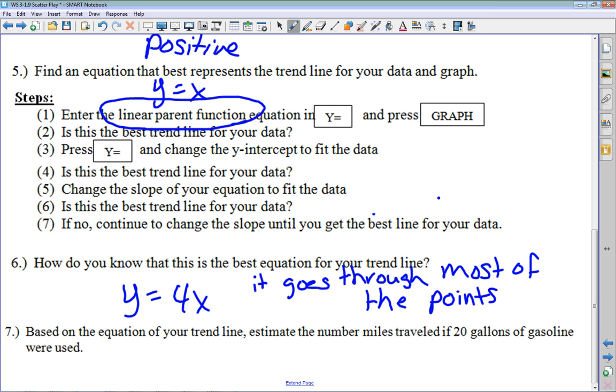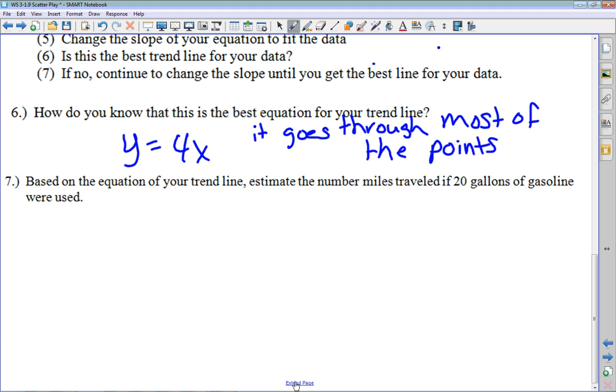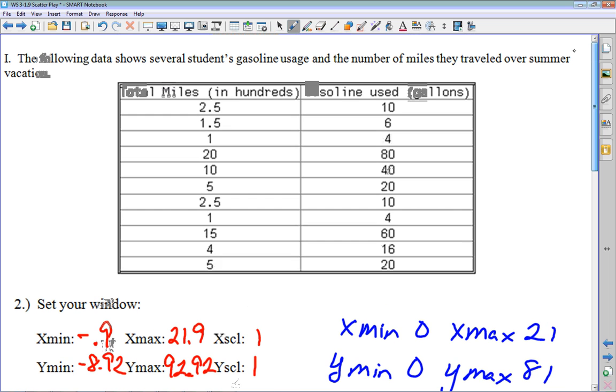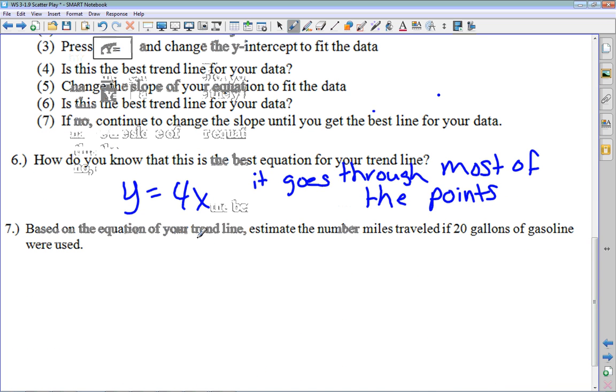Now, the reason why we do this, they gave us this data, and this is an average, a prediction. It says, based on the equation of the trend line, estimate the number of miles if 20 gallons of gasoline were used. Well, first off, gasoline is what's in the Y2, this is my X, this is my Y. So I'm going to look and see where Y is 20.